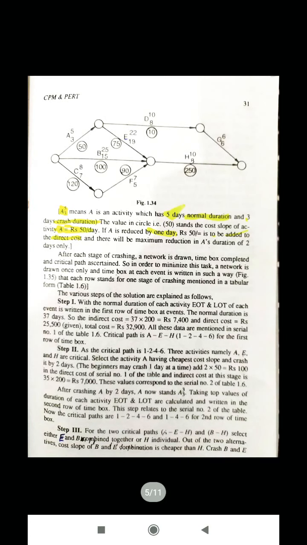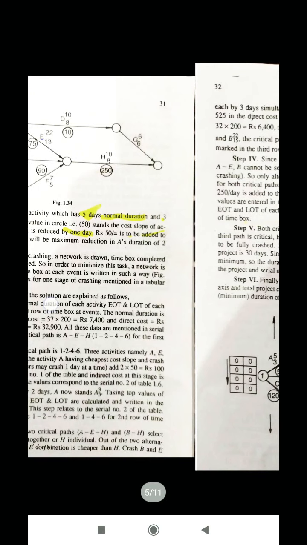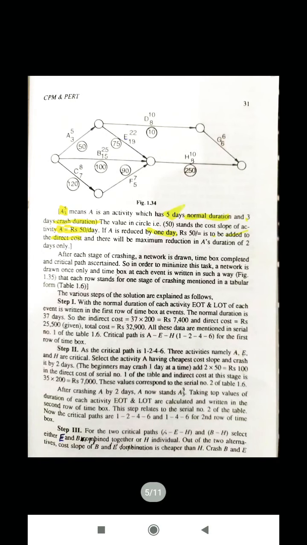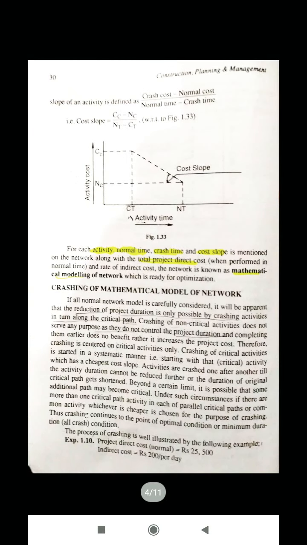We'll just take up this example and see how we calculate the total project duration, and the minimum cost of the project or optimum time of the project.